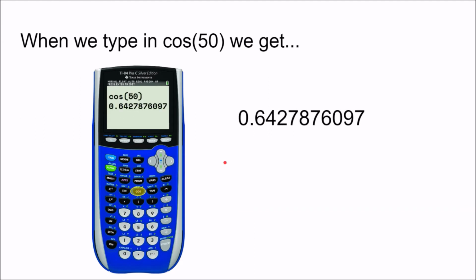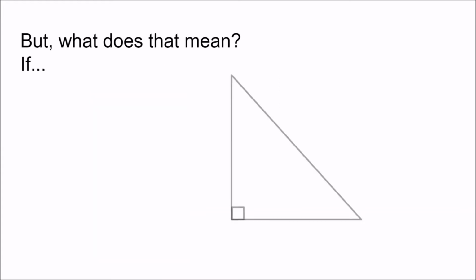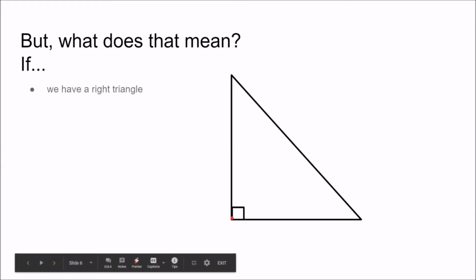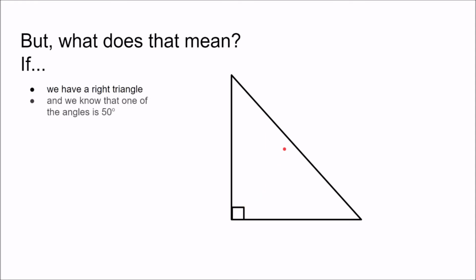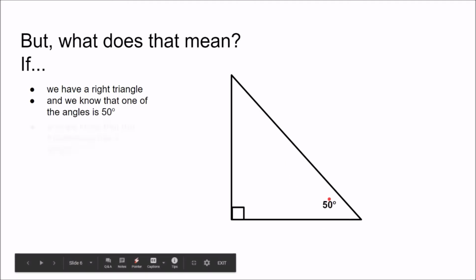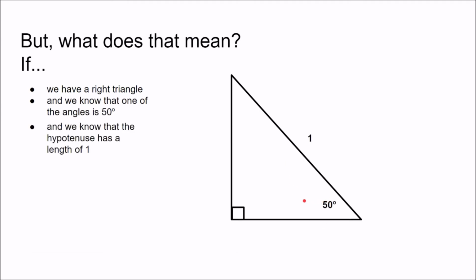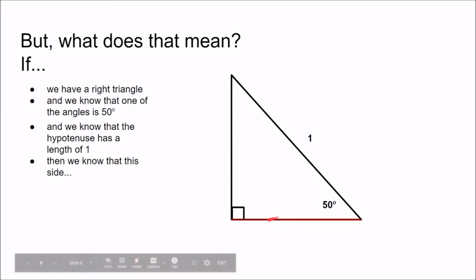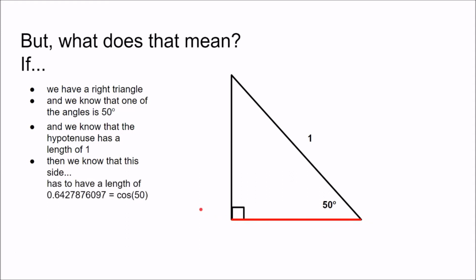In terms of a right triangle, if we know that the hypotenuse has a length of 1, and we have this 50-degree angle, same angle as before, then this side that I've highlighted in red has to have that 0.642 decimal value, or the cosine of 50. Again, it can't be more than 1 because the hypotenuse is the longest side of a right triangle. So 0.642 is less than 1.